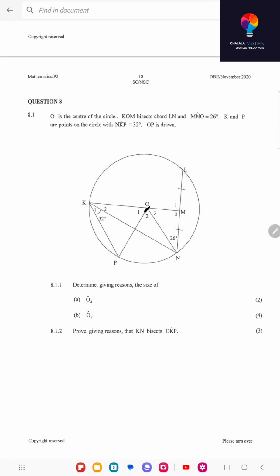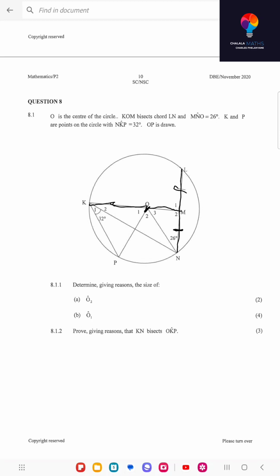There it is, and it says KOM bisects LN. You can see that because it bisects LN, then our LM and MN are equal. Bisects basically means it cuts or divides that line into two equal sizes.